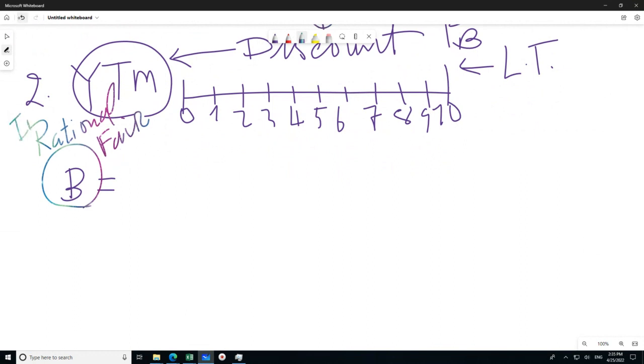Intrinsic means there's no bubble, there's no noise, there's no irrational expectations built into this.